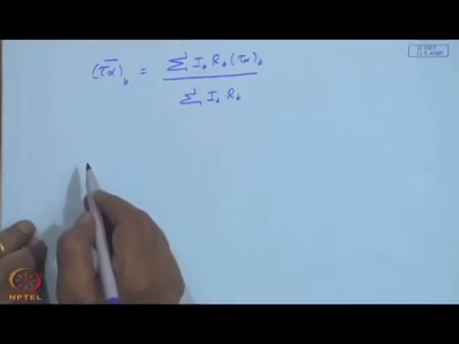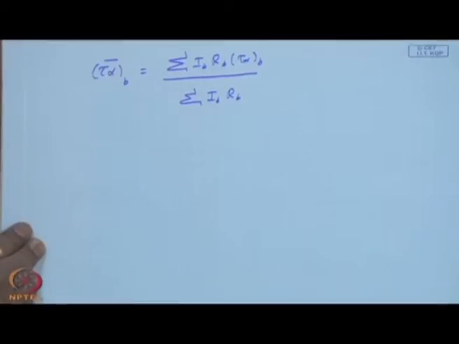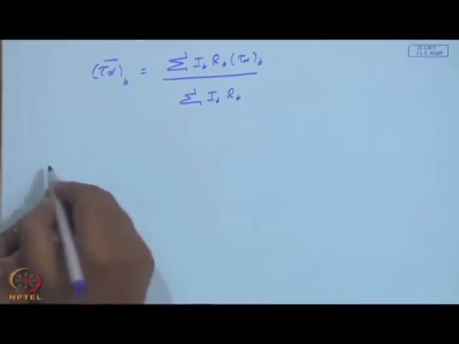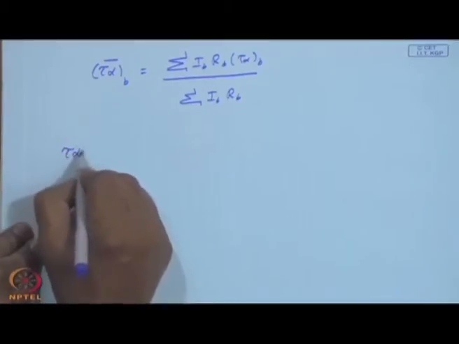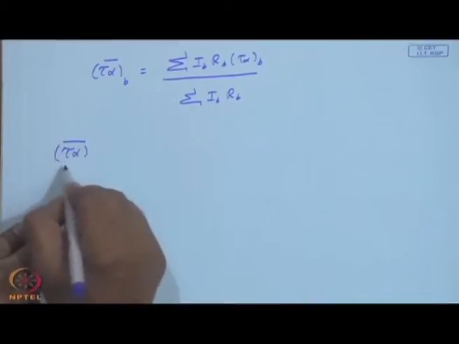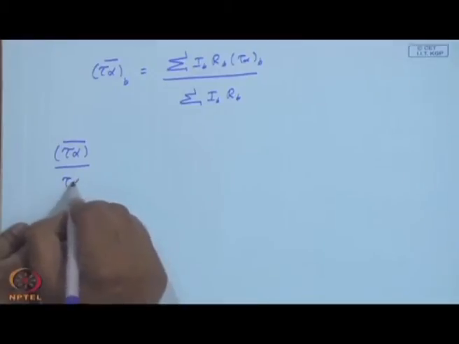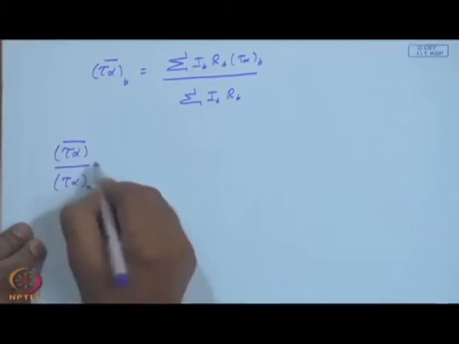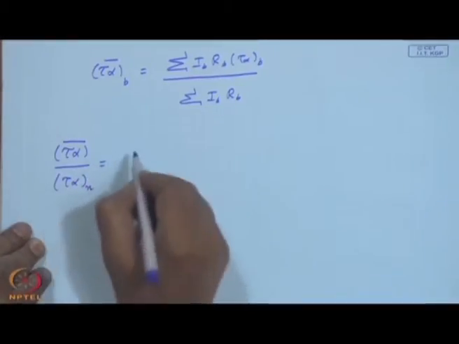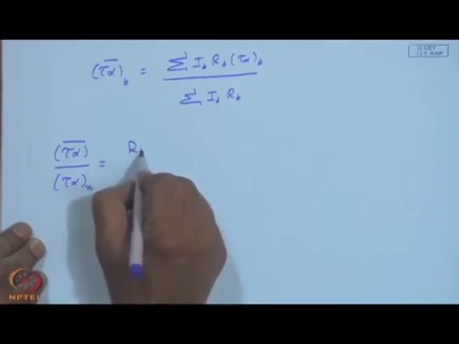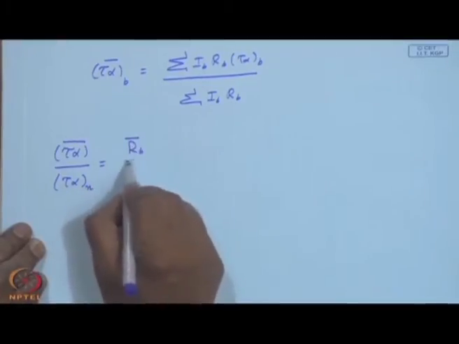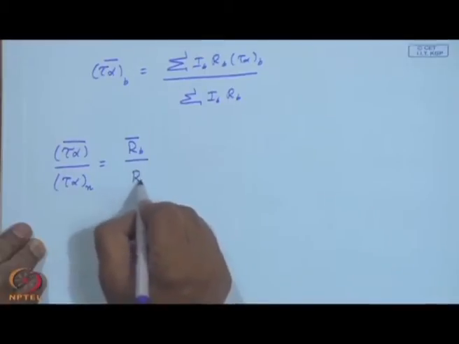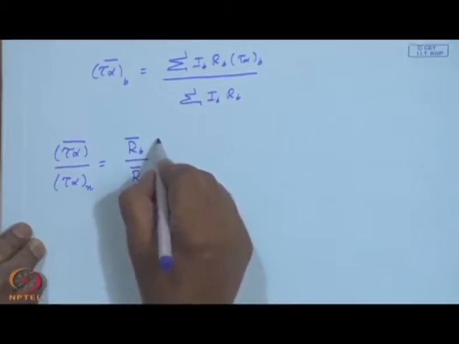So, if we define an overall tau alpha bar upon, now I have divided throughout with tau alpha n for normalizing. This algebra you can do straightforward.